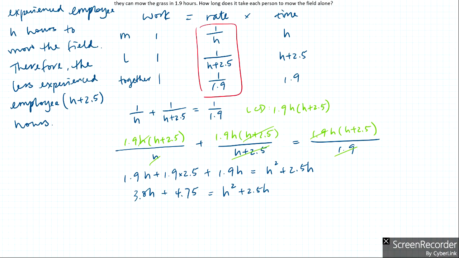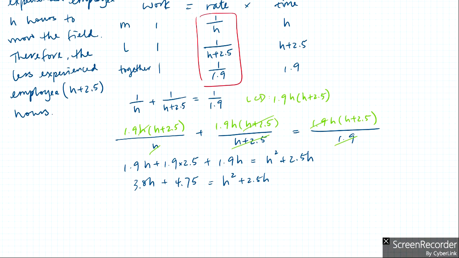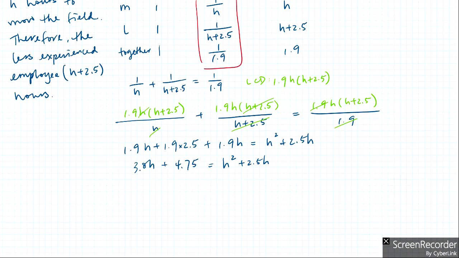And once we have this form, we have a quadratic equation to solve. To solve this, we would want to put all the terms on one side and set it equal to 0. So I'm going to subtract 3.8H and subtract 4.75.